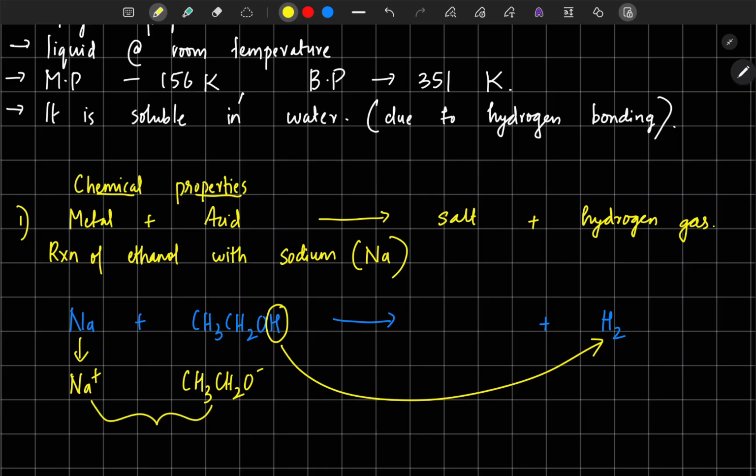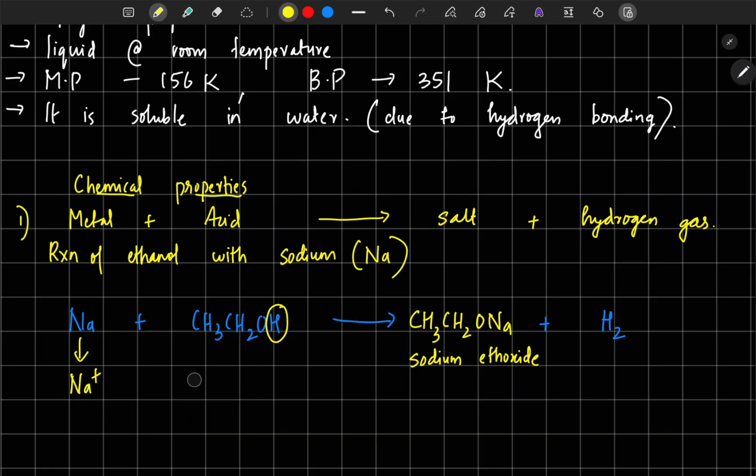Both these will combine to form the salt CH3CH2ONa. What is the name of this salt? The name of this salt is sodium ethoxide. Don't forget the name of this salt. It is sodium ethoxide. So that is the first reaction.